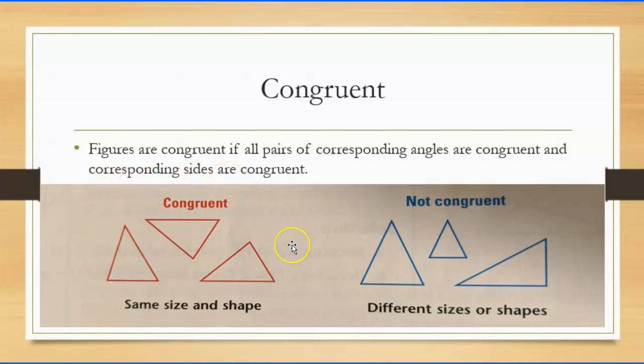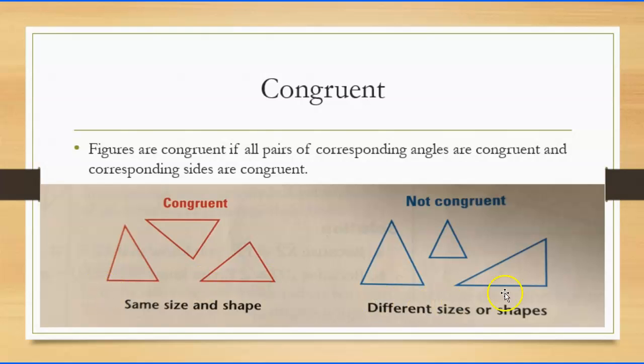Now if we look at the example here, and it's also in your book right in the middle of page 233, but if you look at these triangles in red, you can see that they look pretty similar, and the book is telling us that they are congruent. They're the same size and shape, and if we were to measure them, we would discover that they are all the same.